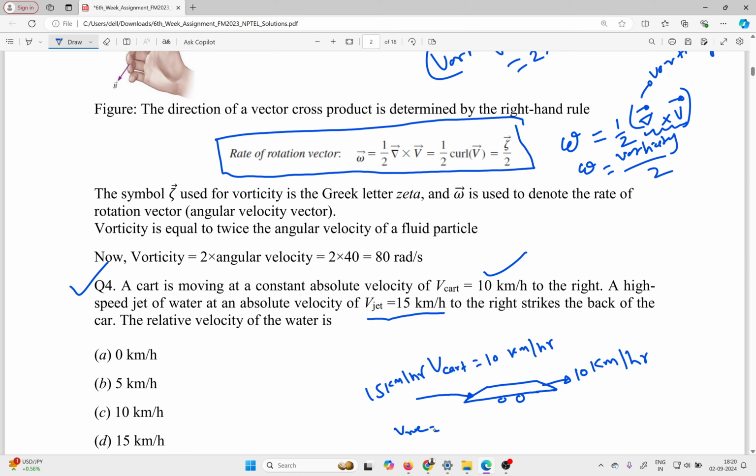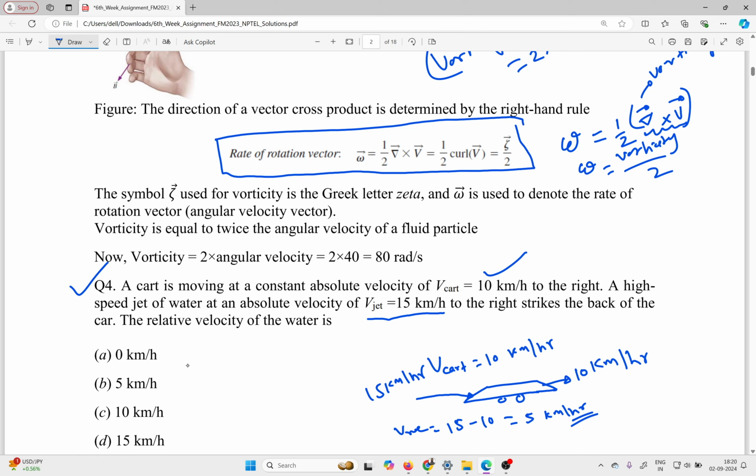So V relative is nothing but the difference between both velocities: 15 minus 10, it will be 5 kilometer per hour.